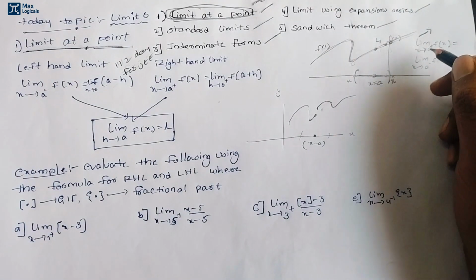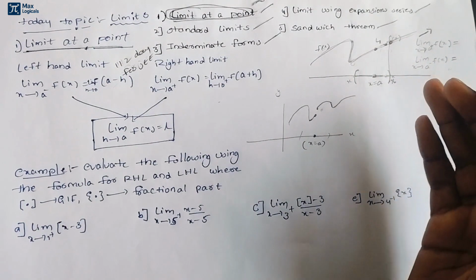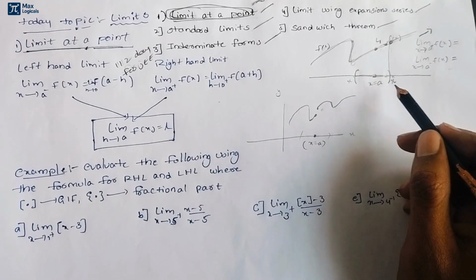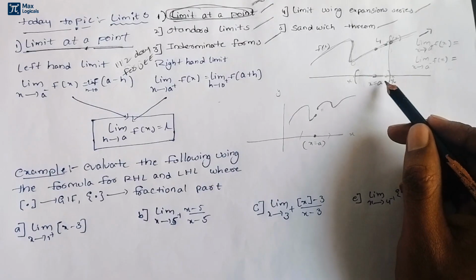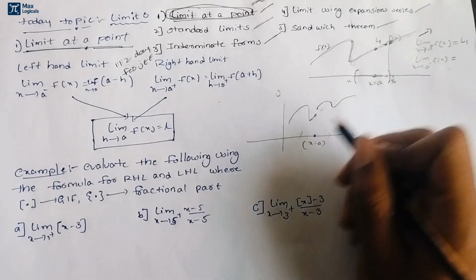We know limit x tends to a plus of f of x is the right hand limit. Here x moves towards a from the right side, so this is the right hand limit, that is L1.